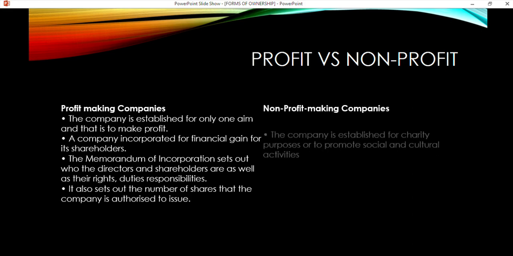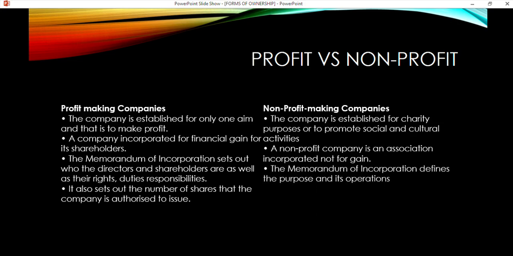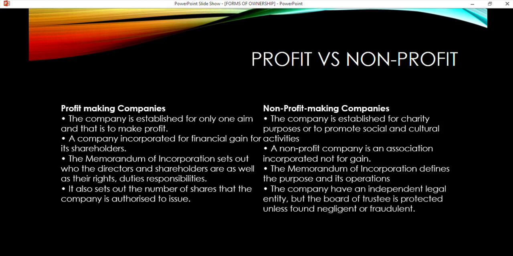Non-profit making companies are established for charity purposes or to promote socio-cultural activities, so it's there for the benefit of society. It's not for gain. And the memorandum of incorporation defines the purpose and its operations. It's there for community, and the company is an independent legal entity, but the board of trustees is protected unless found negligent or fraudulent.